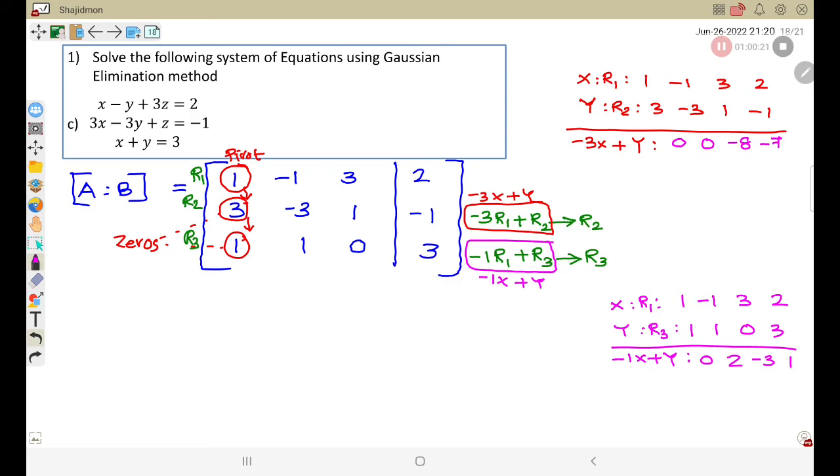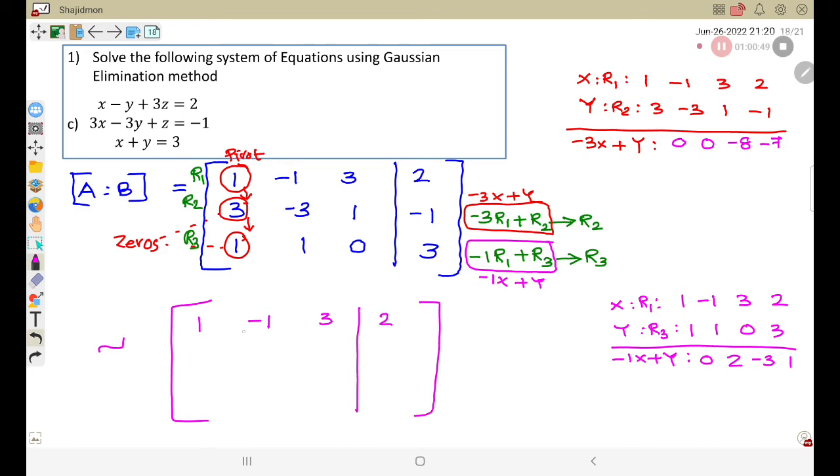Okay, you can check the steps by using a calculator. First minus 3x plus y. You know the steps: press the calc button, put the x number, press equal to, put the y number, press equal to, so that you will get the answer like this. So the equivalent matrix, first row 1, minus 1, 3 and 2.